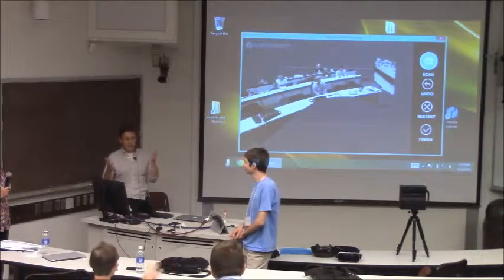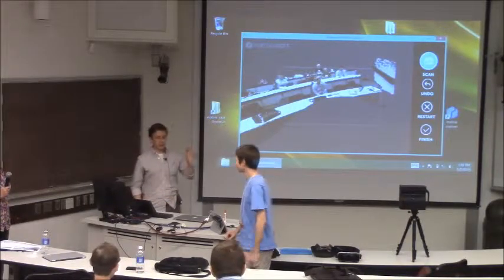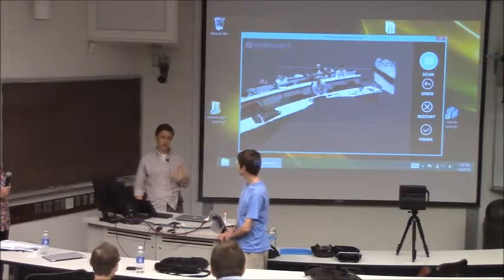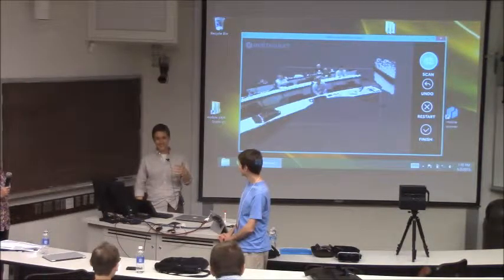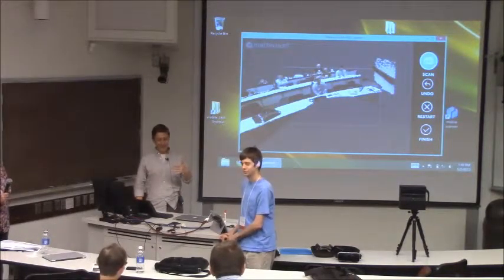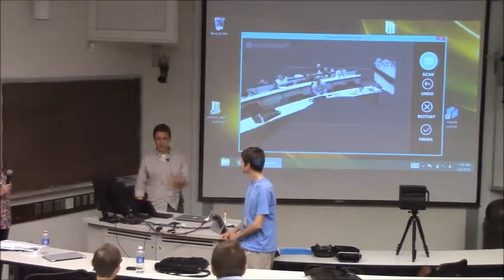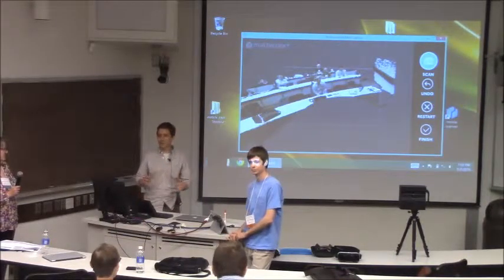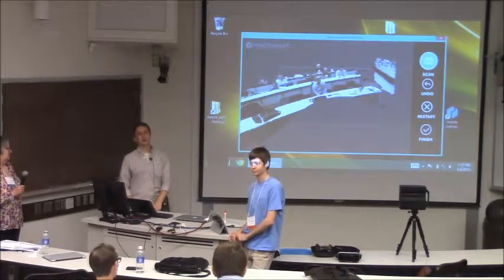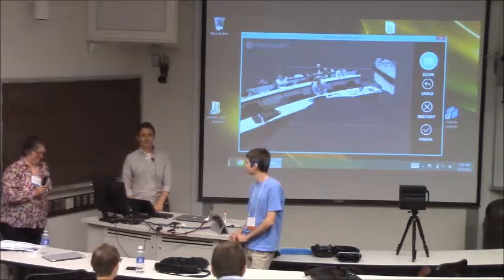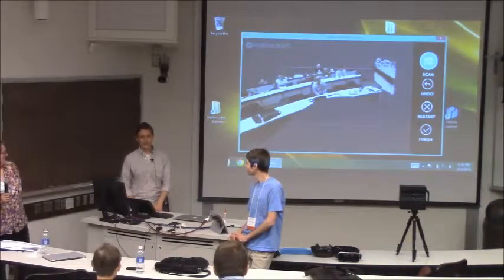One of the reasons that we like this sensor is we've invested a huge amount of time into figuring out how to get high quality data out of it, so we probably know more than PrimeSense knows about it. We keep saying we could build this, we wouldn't do it this way, we would do it this way. But if we were Facebook, we could build our own routers and clusters and do all this stuff, but we're not.